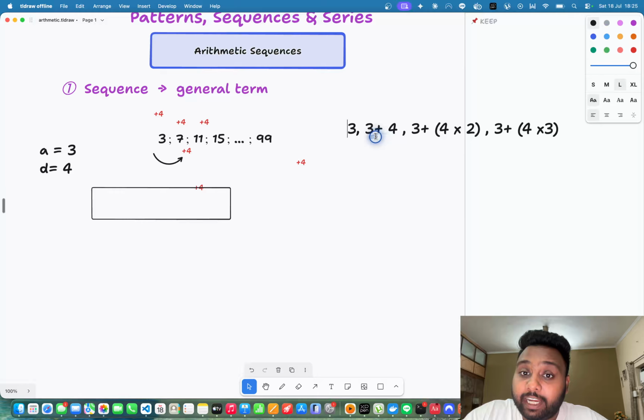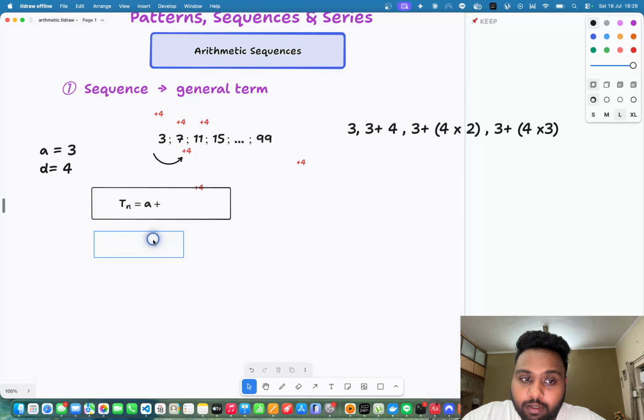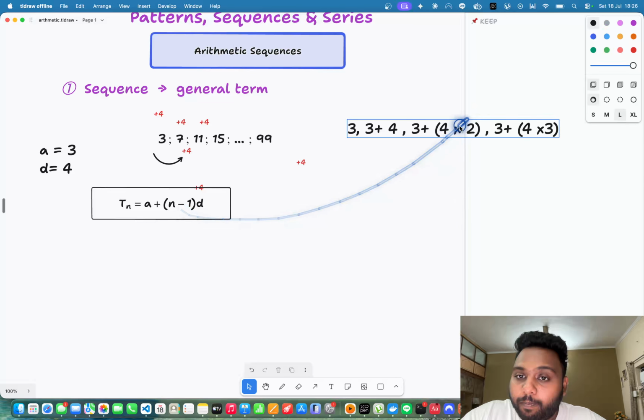If it is the second term, the difference is getting multiplied only one time, and so on. So can we say that Tn, any given nth term, is going to be A, the first term, plus n minus 1 times d.